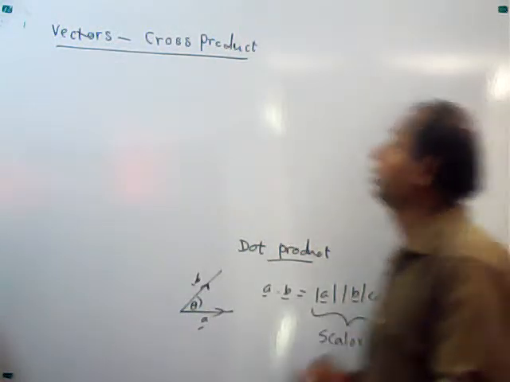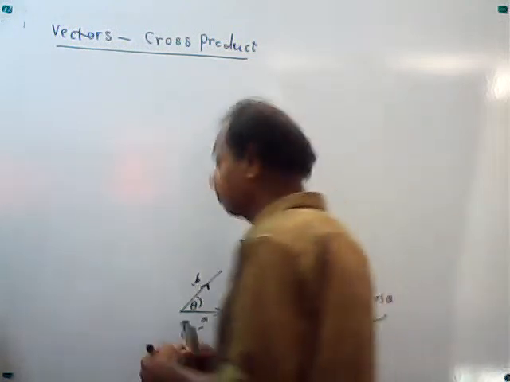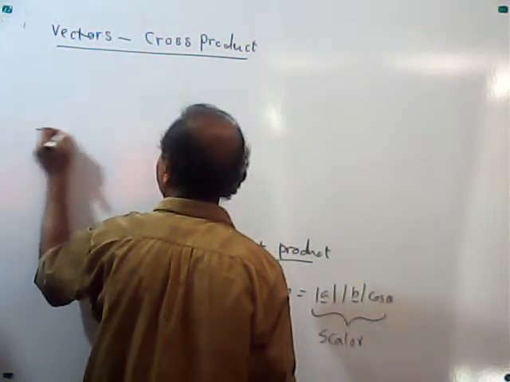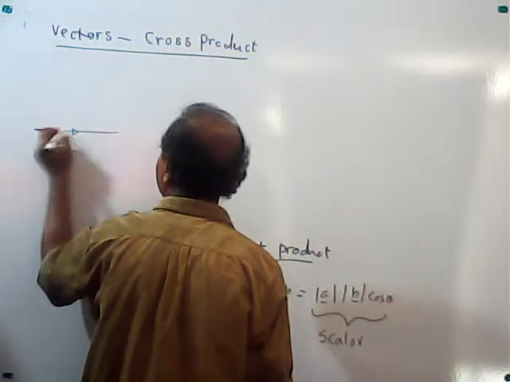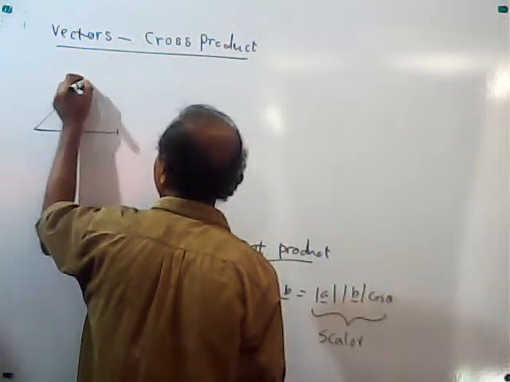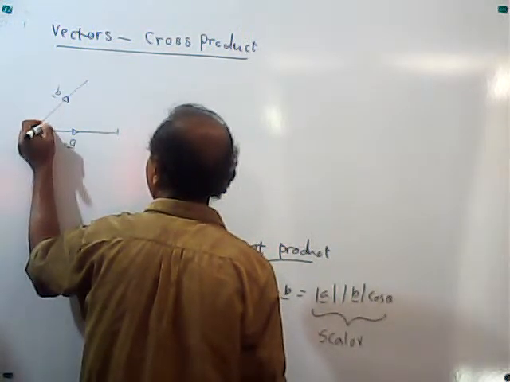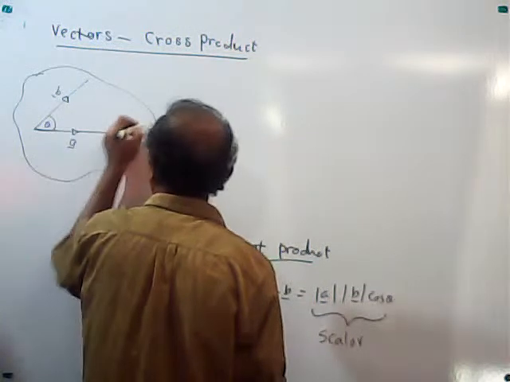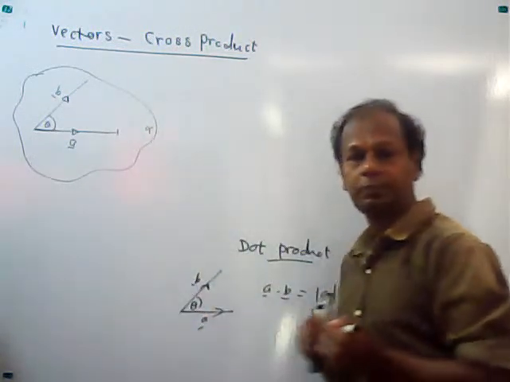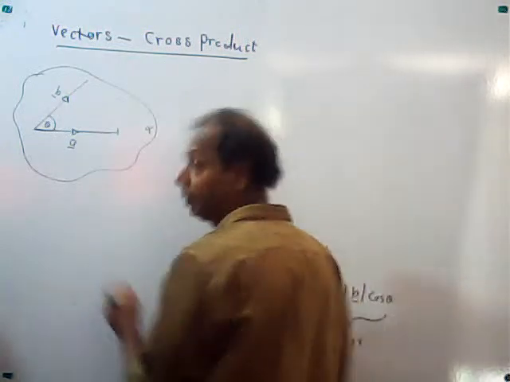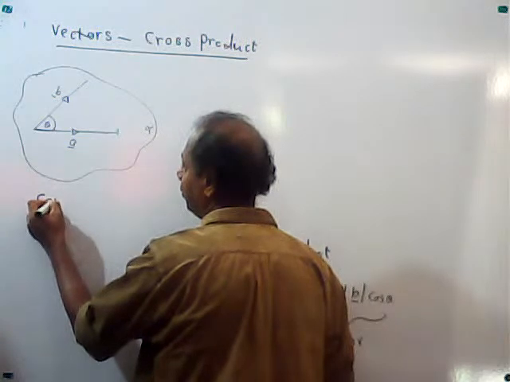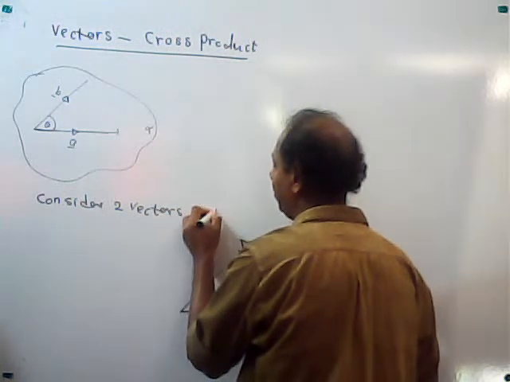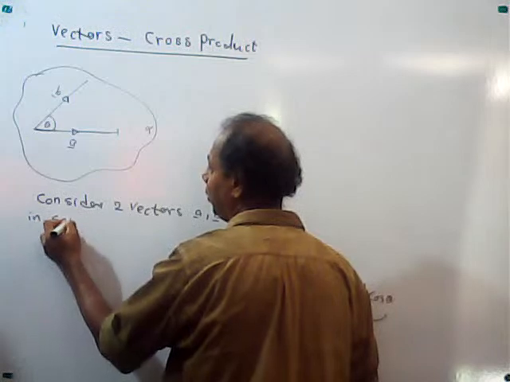Now, coming to the cross product of two vectors. There again we consider two vectors in some plane, consider two vectors A and B in some plane alpha with the angle between them equal to theta.